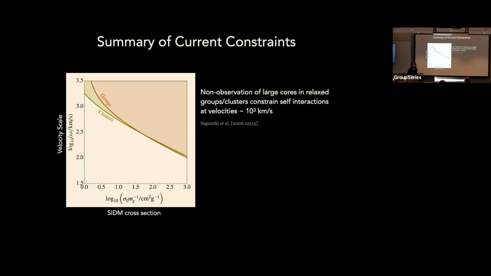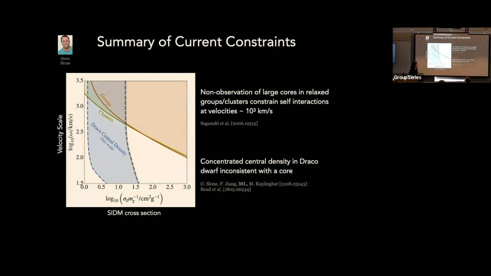So that's a very strong constraint. As Oren recently pointed out in one of his papers, if you look at some of the dwarf galaxies in the Milky Way that are very centrally concentrated, Draco is a really nice example of this, that can also be inconsistent with the core. And so those constraints end up ruling out this region here that's shown in blue.